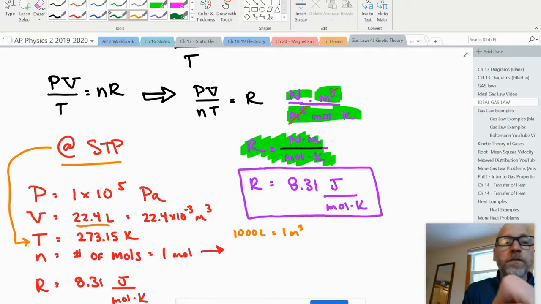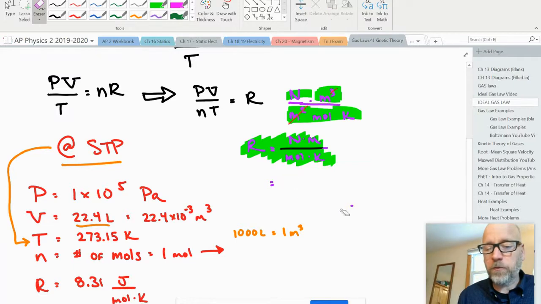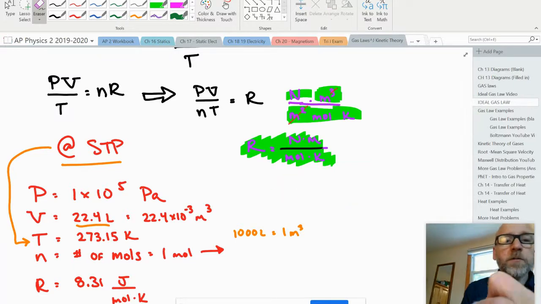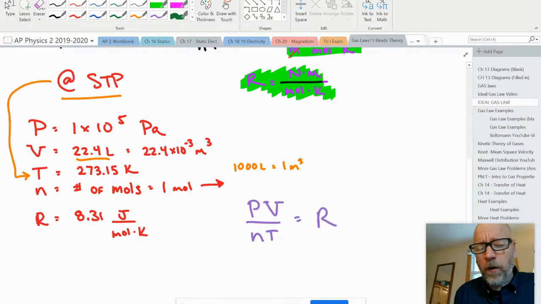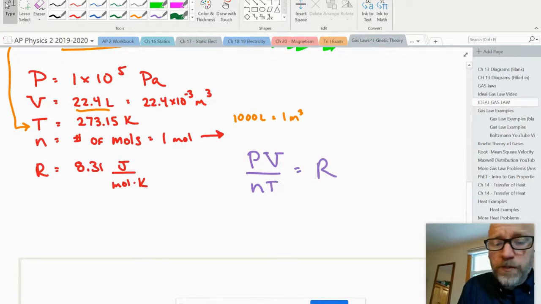Now, to solve for R, I feel bad that was shown already, but let's plug it in. PV divided by nT is equal to R. Our values are going to be a wee bit off because of some rounding issues. We'll wave our hands over it at the end.